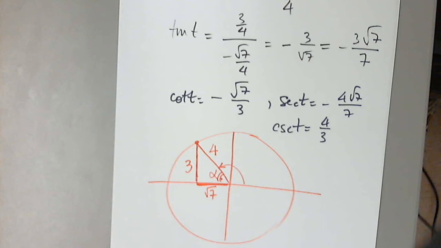So cosine is negative square root of 7 over 4. Tangent is still negative, 3 divided by the square root of 7. Cotangent would be negative square root of 7 over 3, and secant would be the square root of 7 over 4, with a negative.